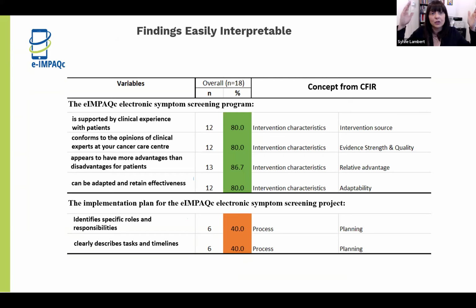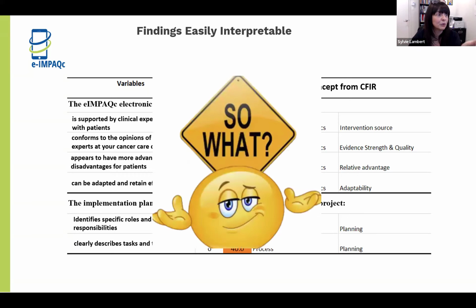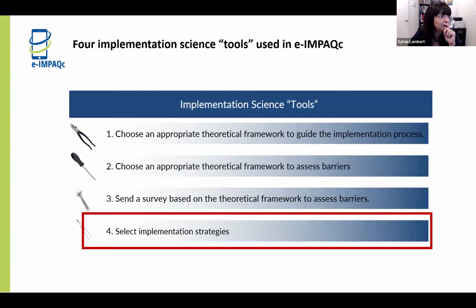So instead of that hour of teaching about why, which is what we typically do, right? We implement, we do an in-service, we say why this is important, we present the project. I missed the mark completely. It was roles and responsibilities, never covered that in my presentations. So that's the power of having a good determinant framework and then being able to measure it.